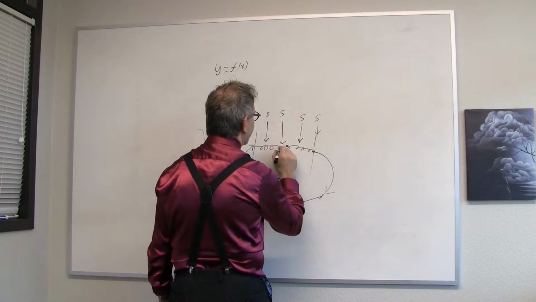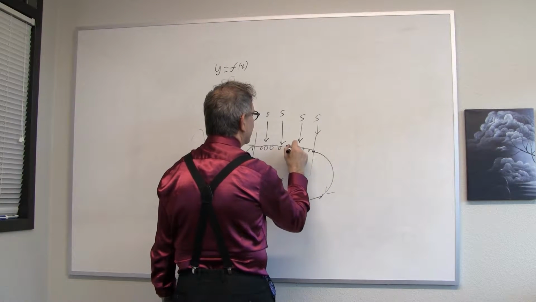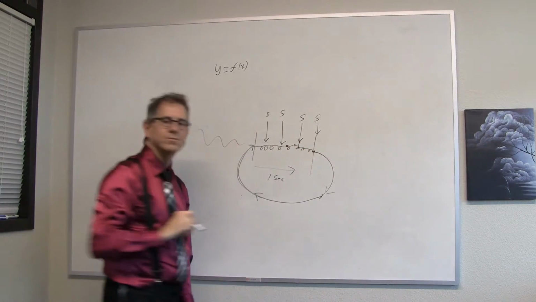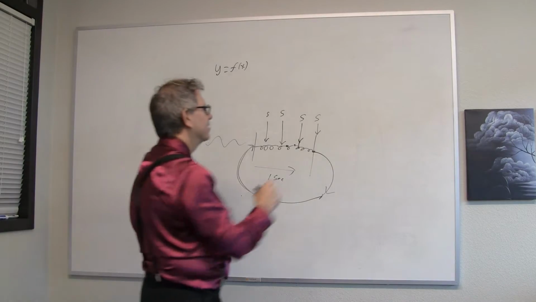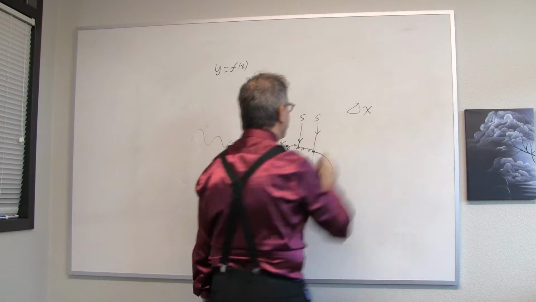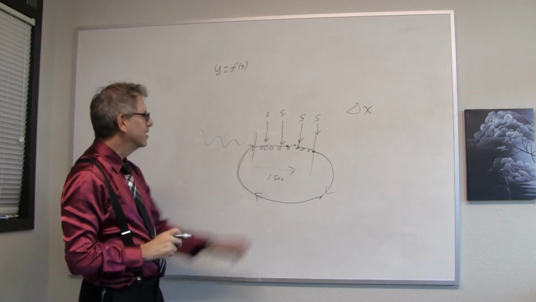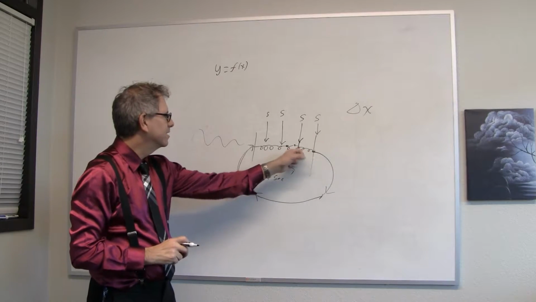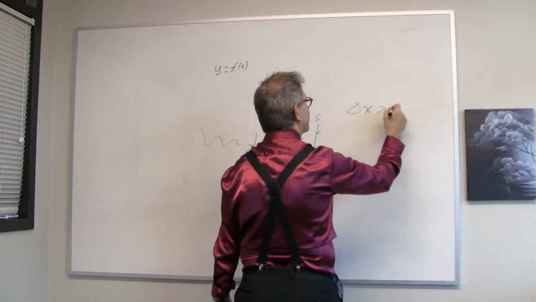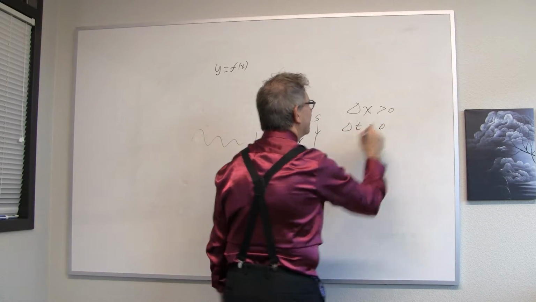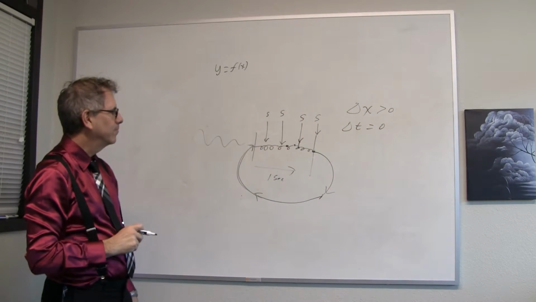And if we're more than halfway between here and here, we could say, okay, we'll read the value at this point, and that'll be the value. And there's an error. So we're getting an error in the position that we're reading. We'd like to read it right here, but we have to read it at one of these sensor locations. So we have some error in delta x, but our time delay is 0.